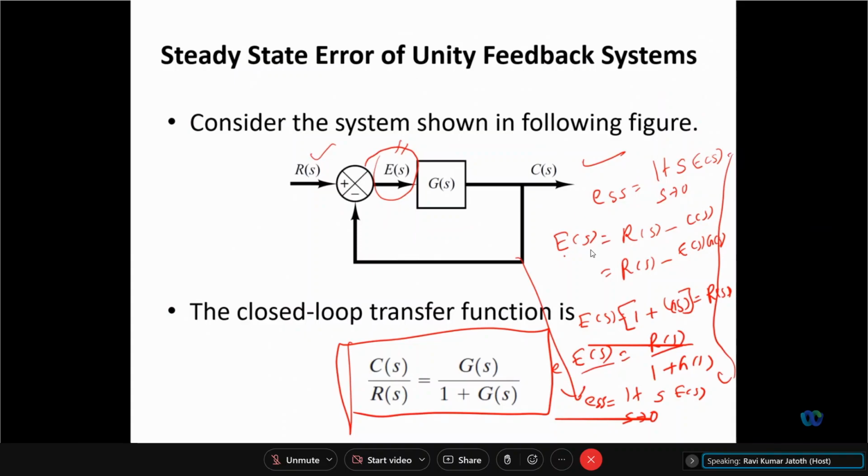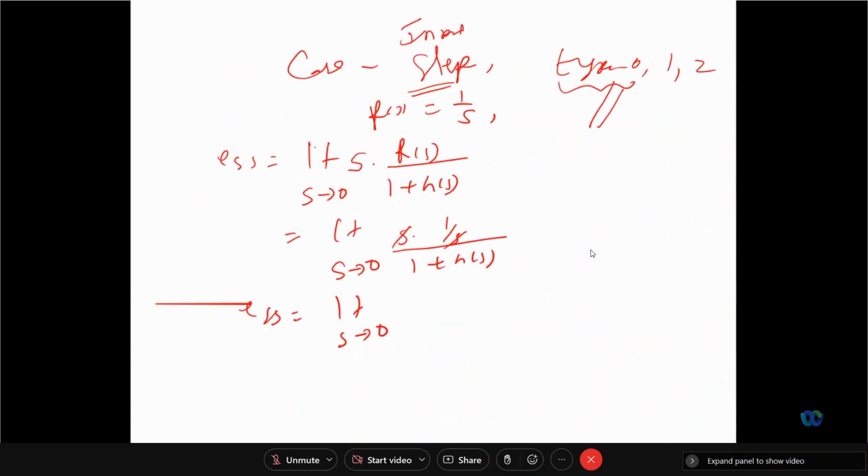We are trying to find E of S, which is R of S minus C of S. C of S is E of S into G of S. So E of S is R of S by 1 plus G of S. Yes, sorry, sir. Okay, so this is R of S by 1 plus G of S.